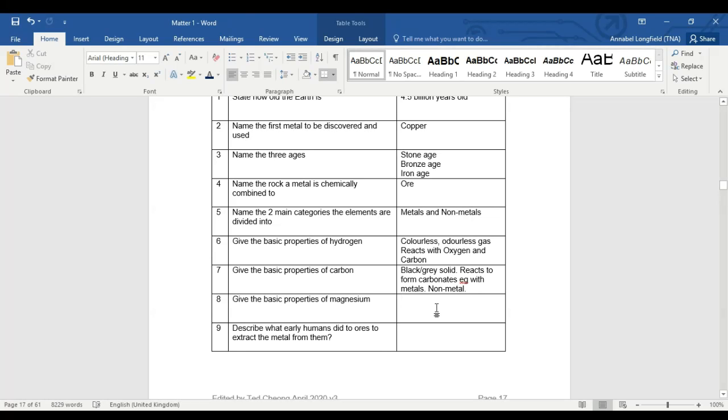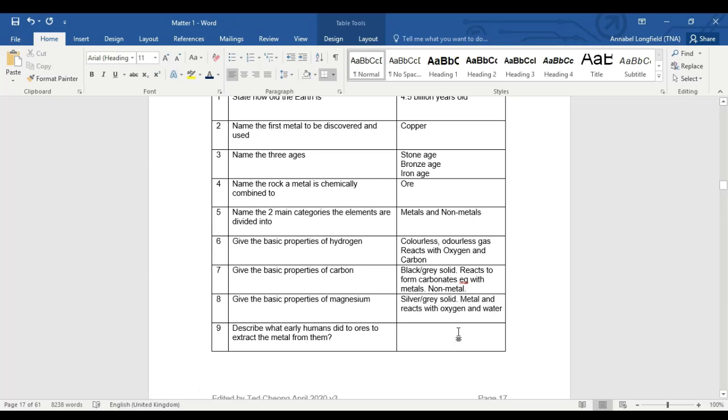Magnesium is a silver grey solid at room temperature. It is a metal and it reacts with oxygen and water.